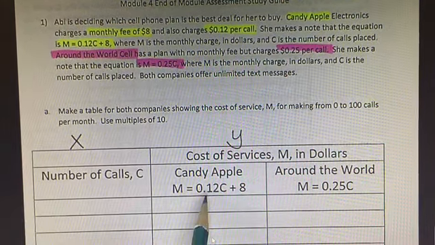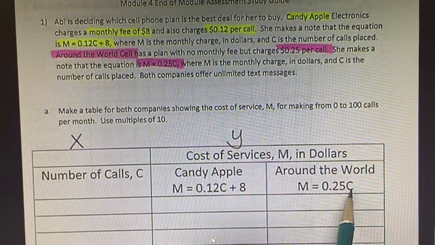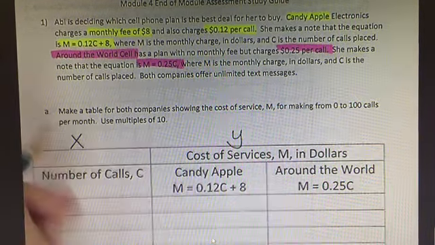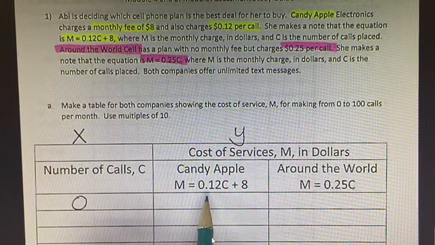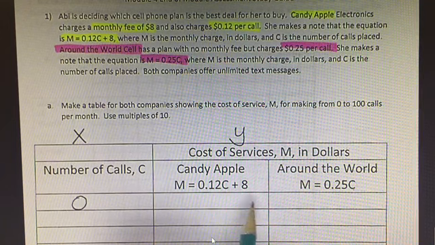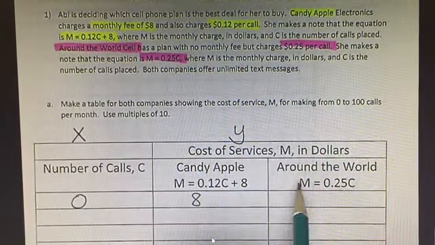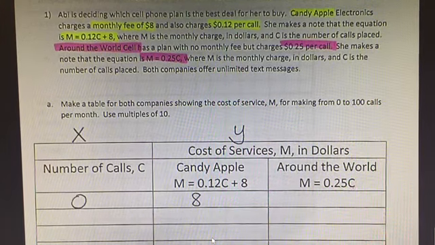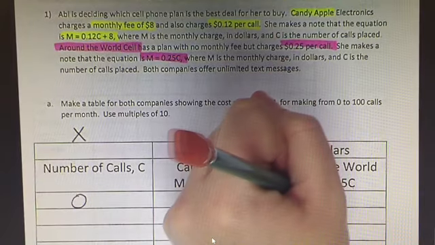Because Around the World doesn't charge a monthly fee, but Candy Apple does, we want to start with 0 calls. Even if I make 0 calls, I still have to pay $8. And for Around the World, it would be 2500 times 0, which is $0.